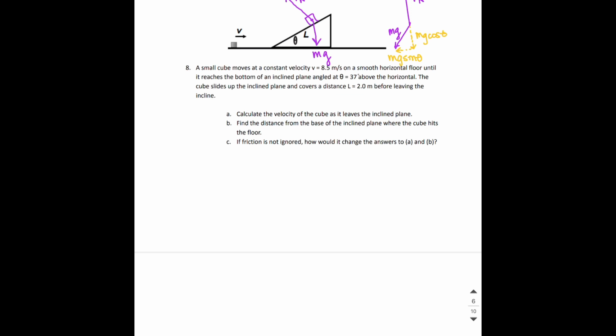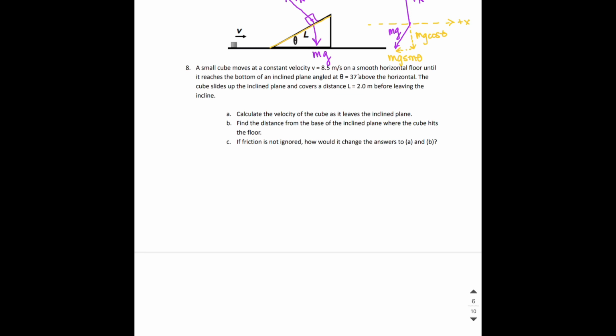So in this scenario, I have rotated my angled ramp to now be the positive x direction.